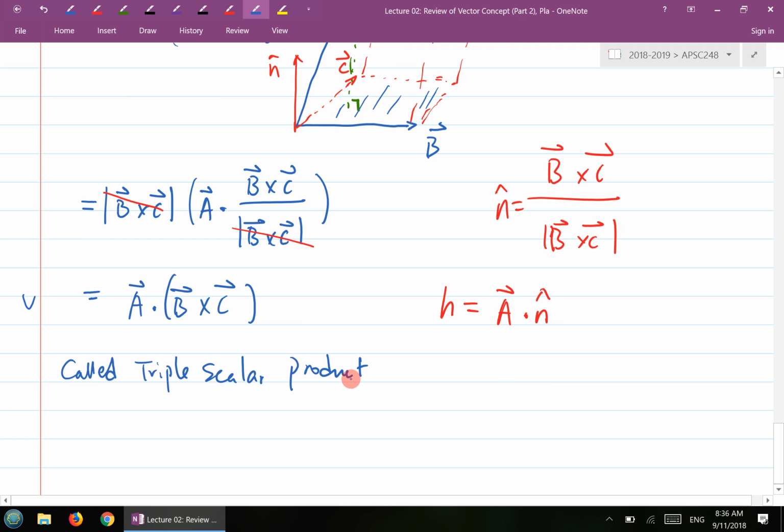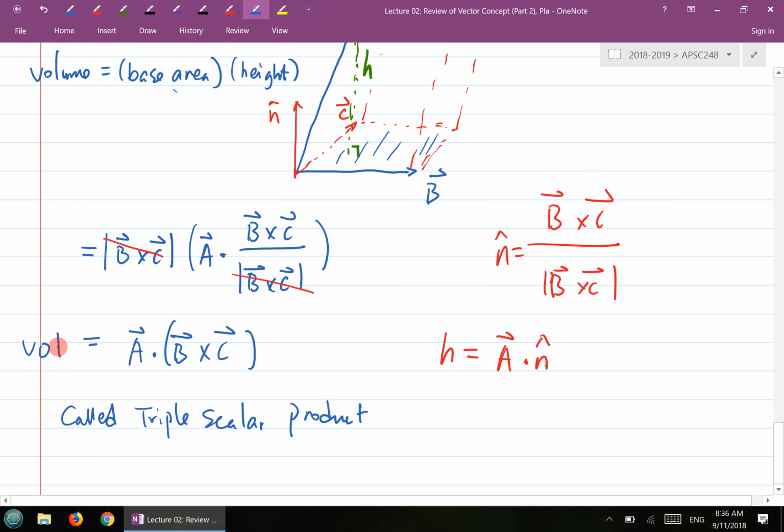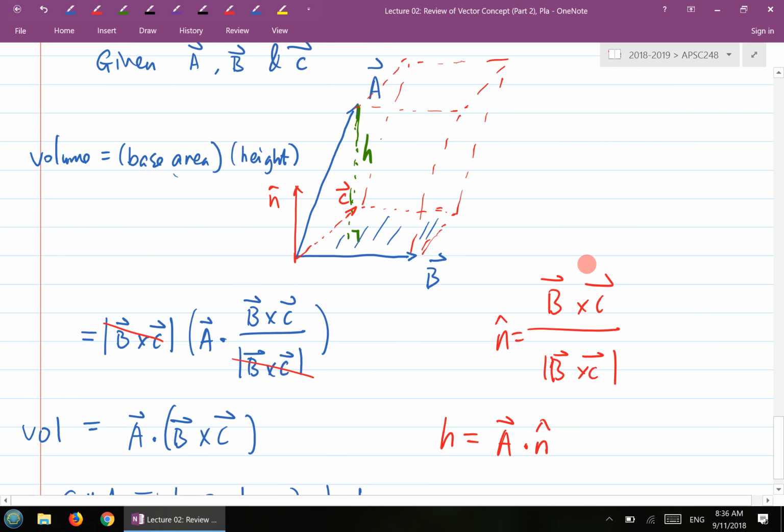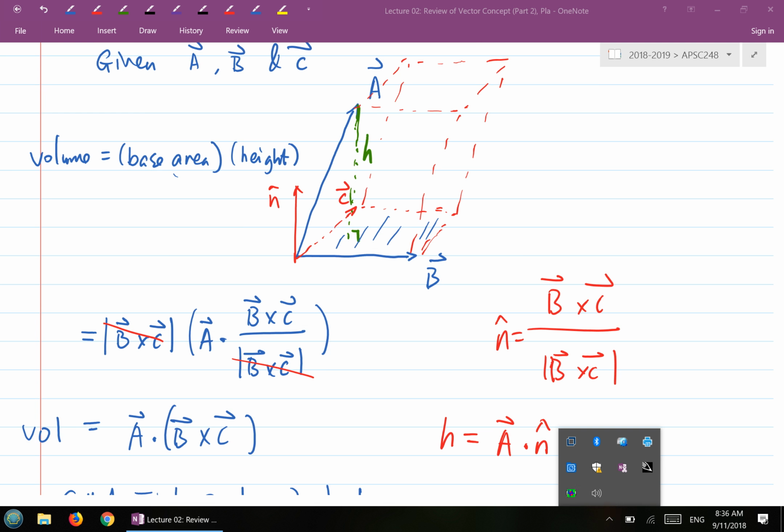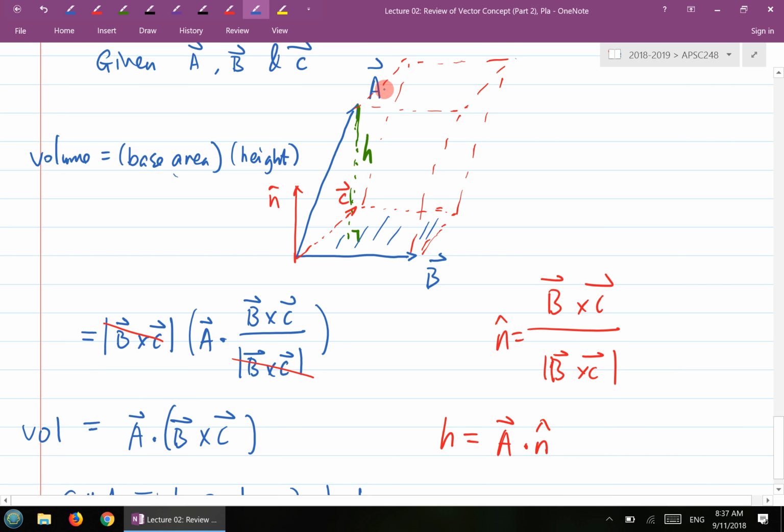Now remember, just before we move on from here, the way we derived this formula is we picked the base area, which is the area formed by B and C, right? Now, there are how many sides? There are 6 sides of this parallelepiped. So technically, you can pick any side as the base area.